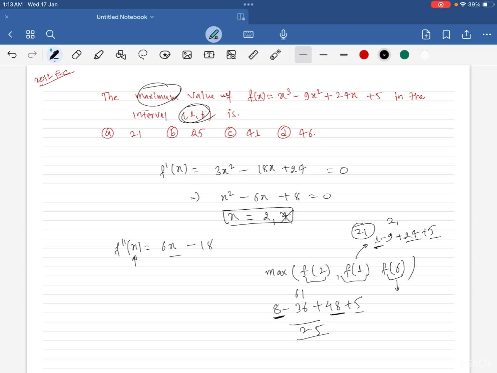And if we put f6, then we will have 216 minus 36 into 9, that is 324, right? 36 into 9.